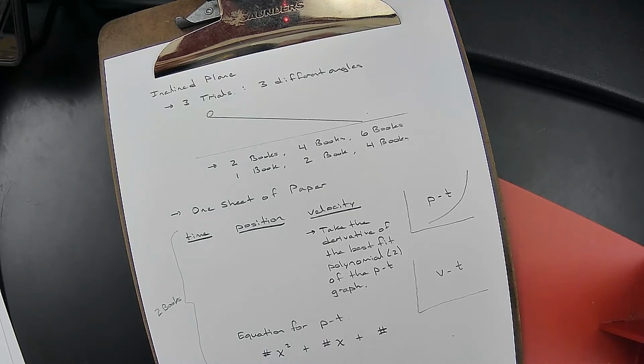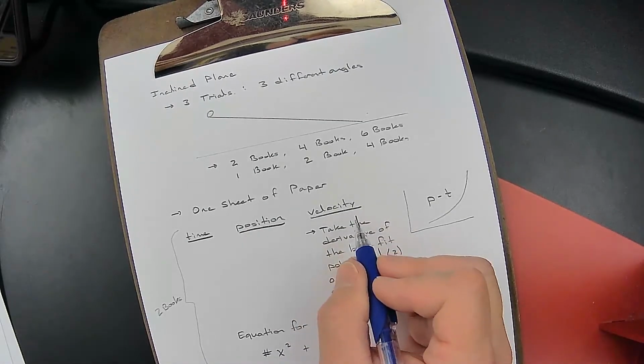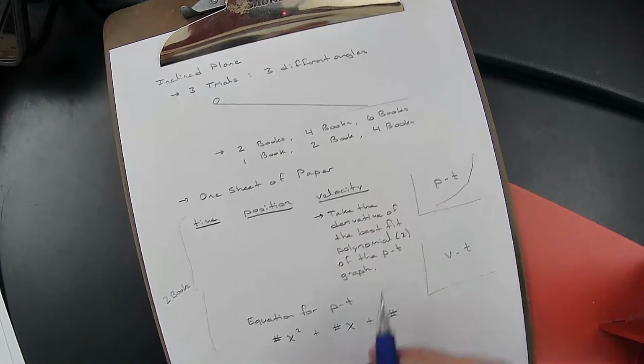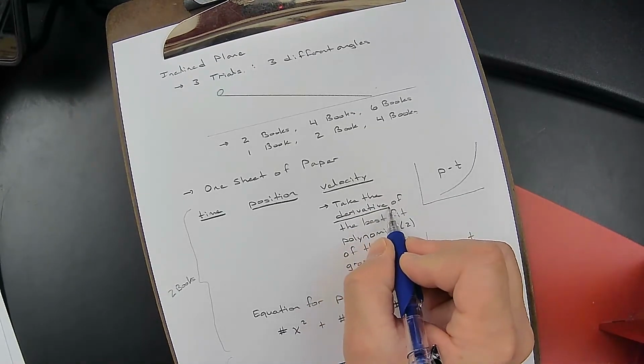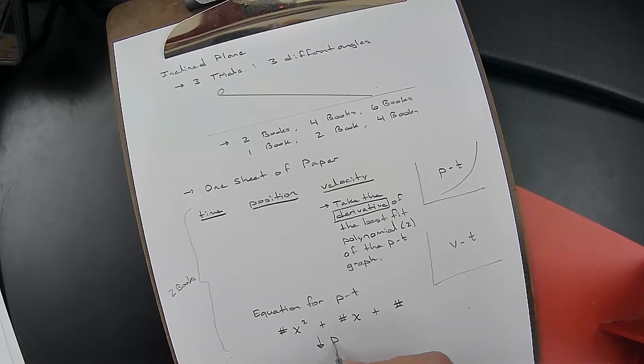The velocity is going to be based off of what is called the derivative. To take the derivative of this equation, we are going to take the 2 and move it down.